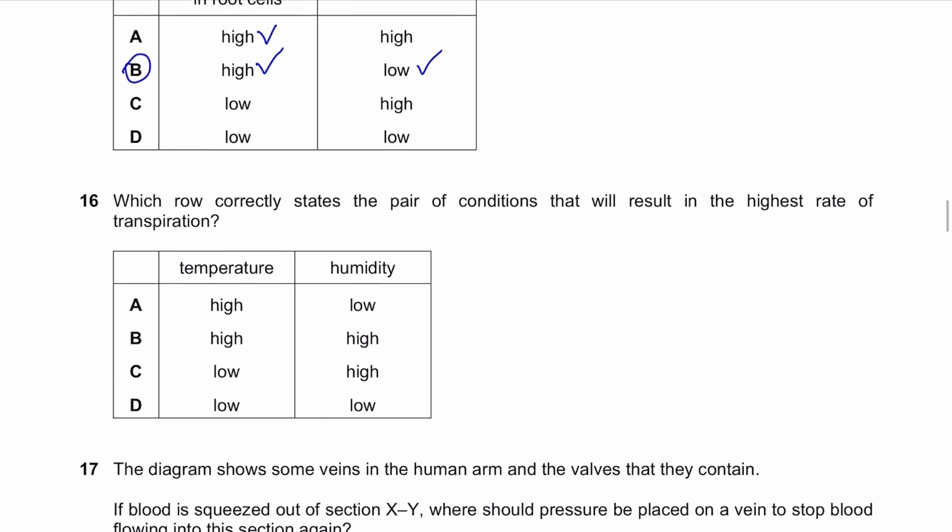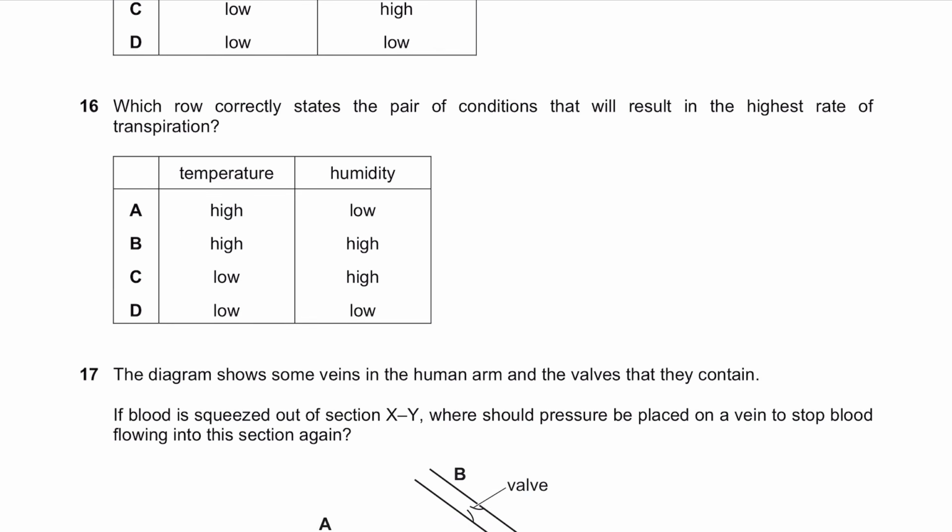Which row correctly states the pair of conditions that will result in the highest rate of transpiration? So transpiration is where water molecules start moving up the stem of the plant and evaporate through the leaves and overall lose water. Well, to have the highest rate of transpiration, the temperature should be high.